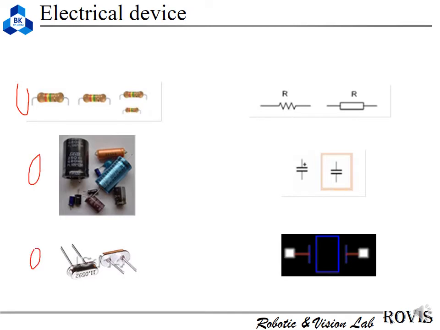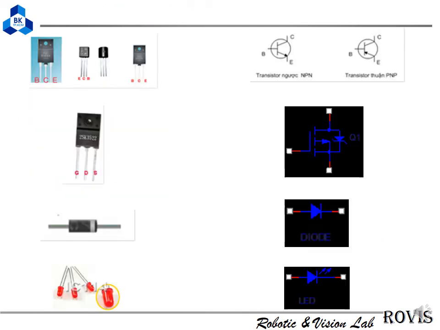Okay, and this is the resistor. What is the function of the resistor? Can you tell me? Okay, the next one is the transistor, the MOSFET. This is the diode, right? And this is the LED.